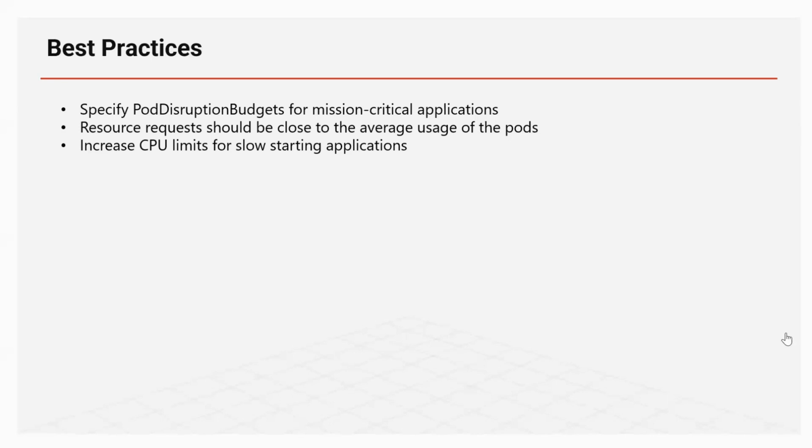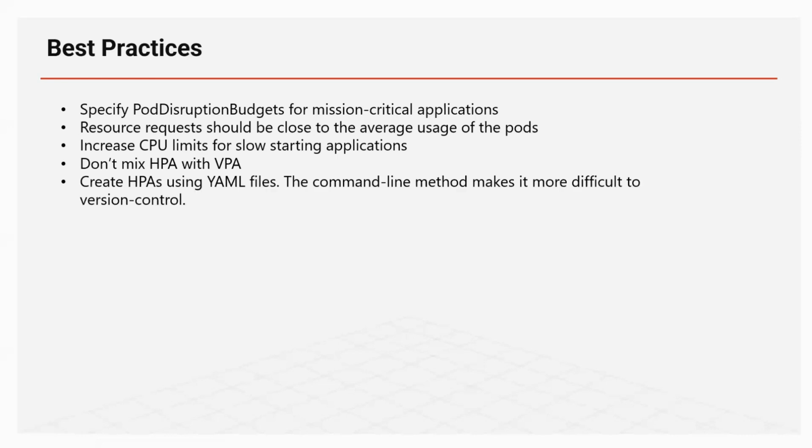For those kinds of applications you should give a higher CPU limit, otherwise HPA thinks something is wrong and starts autoscaling, so we can avoid such things. Again, don't mix your HPA with VPA. So that is one best practice.